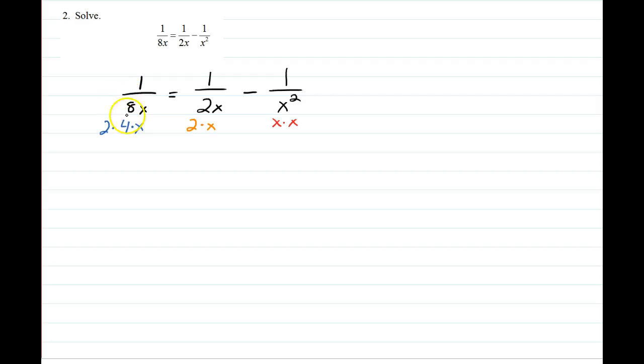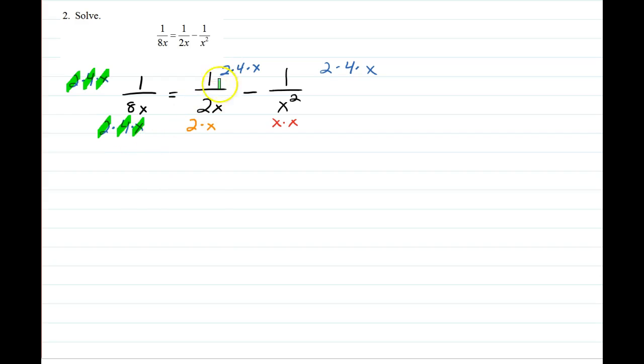So let's start over here on the left. If I multiply this by 8x, which is 2 times 4 times x, and I do it to each term, what happens is the 2 cancels, the 4 cancels, the x cancels, so the 8x is gone.